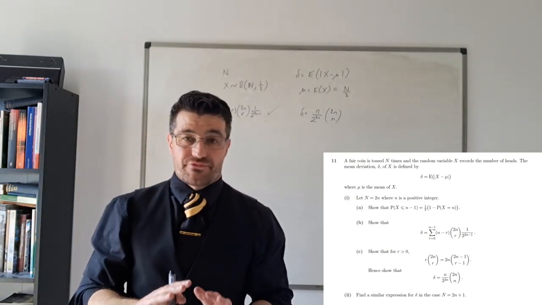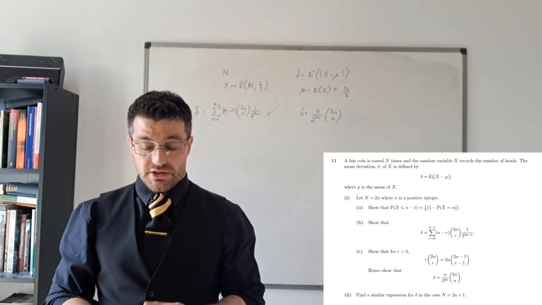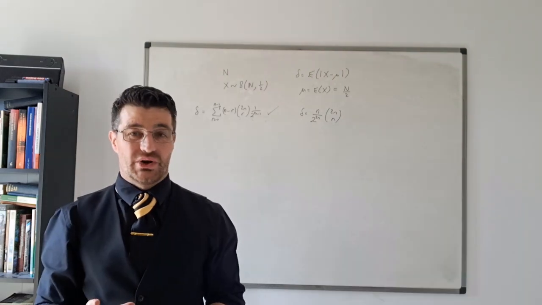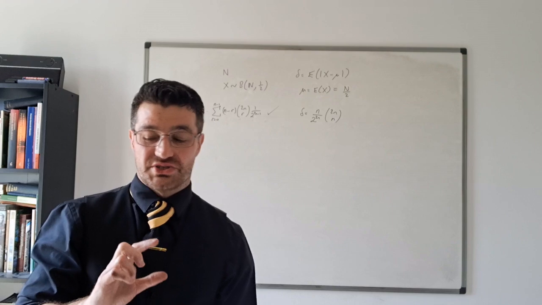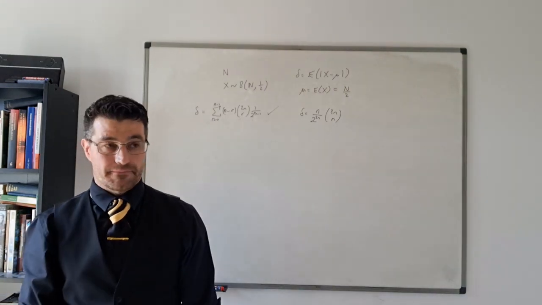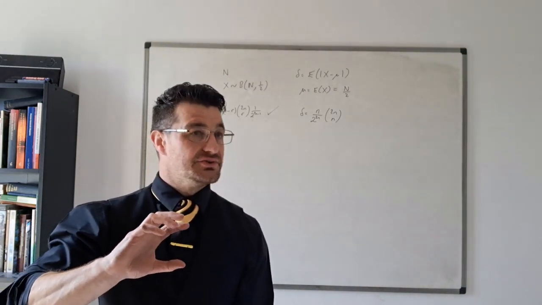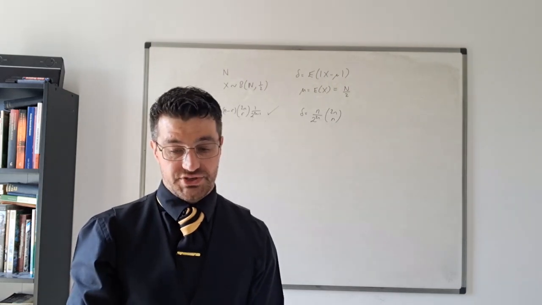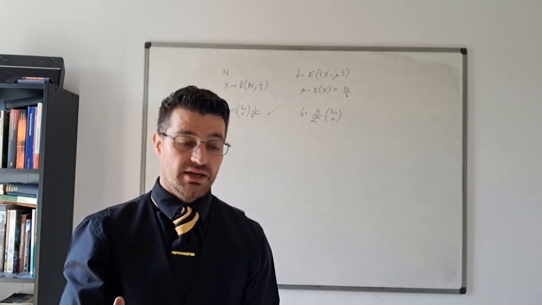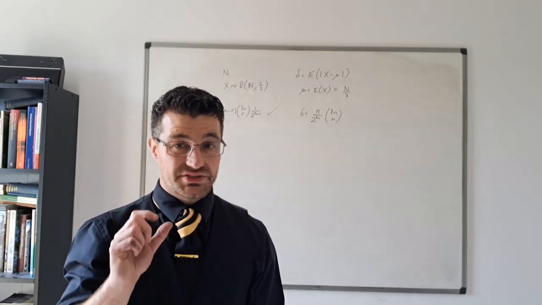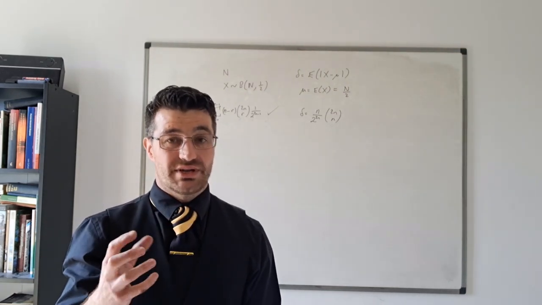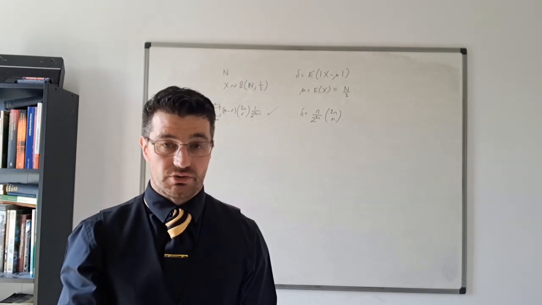So this took me several attempts to get, and I'm not going to lie and claim that I saw what to do here straight away, because I didn't. It was just playing around with the expressions until you find something that works. It turns out that what I was doing was kind of the right thing. It's just you've got to see what you need to see, and sometimes you just don't.